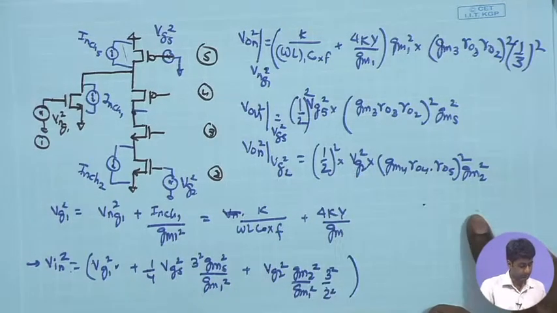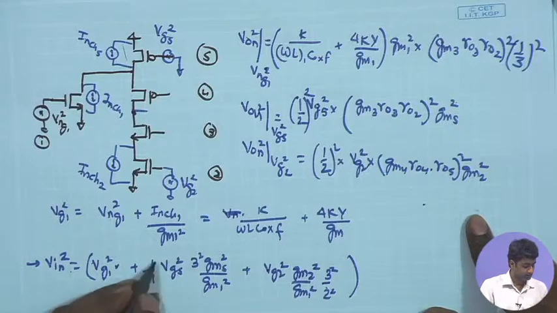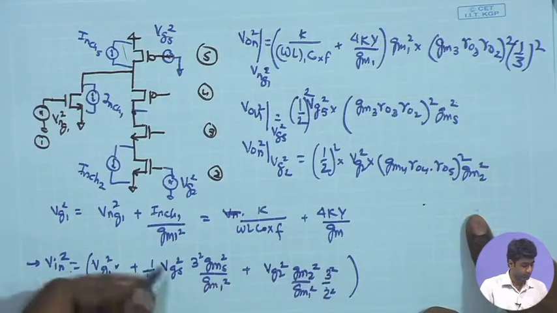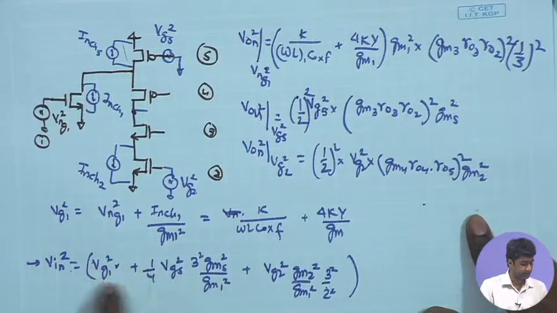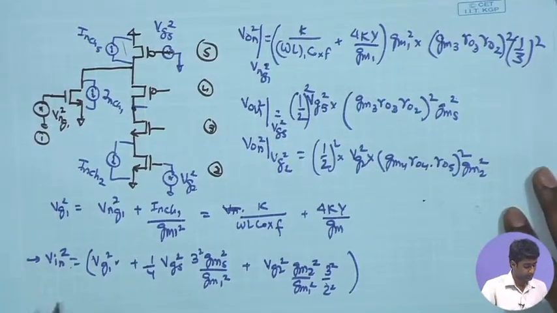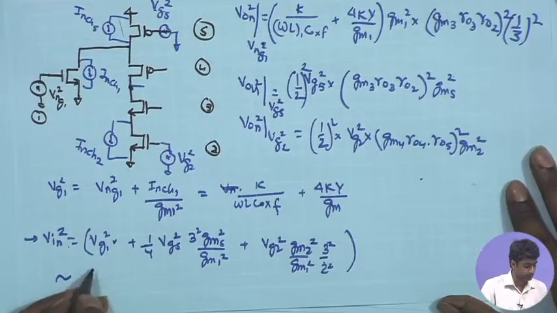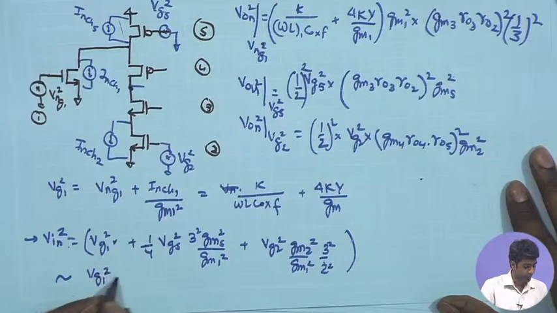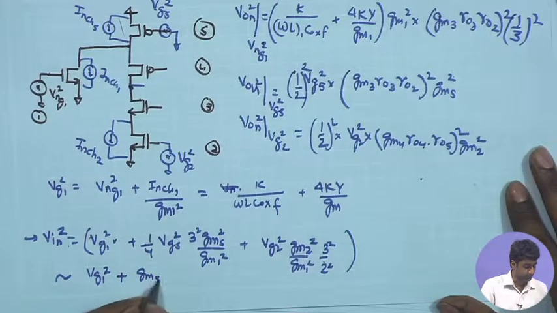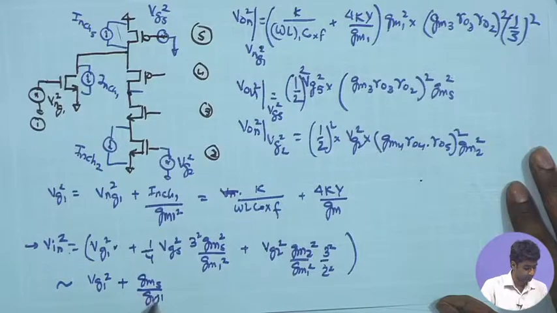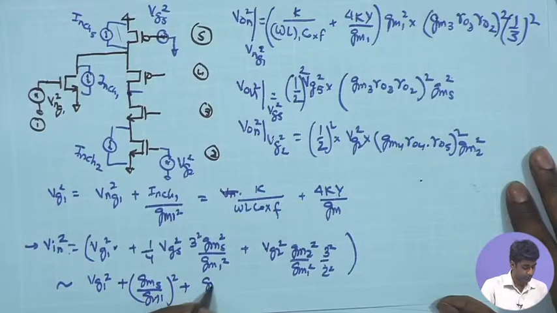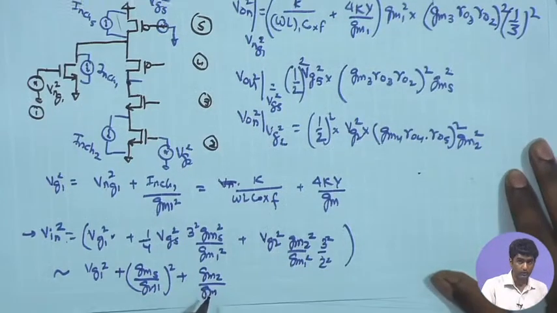So, that's the input referred noise VIN square because of the 3 components, and once again these are the constant terms, so they are not going to be very important. The important factors are the dependencies on the GMs of these individual devices. So, here if I look at the dependencies and preserve only the GM terms, I am getting VG1 square plus GM5 upon GM1 square plus GM2 upon GM1 square.